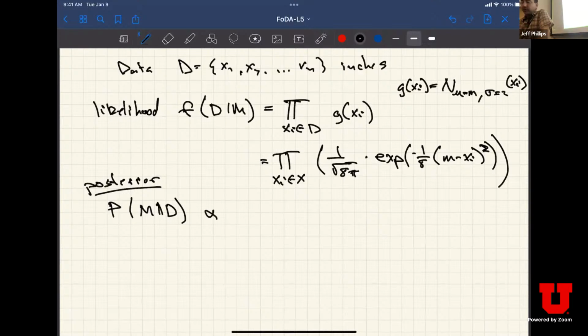I want to use the simplified Bayes rule to say that this is now going to be proportional to the likelihood, the data given the model, times the prior, which is the probability of this model here.